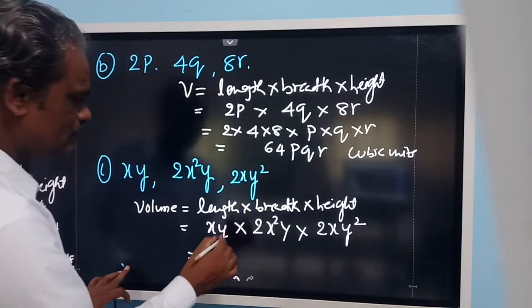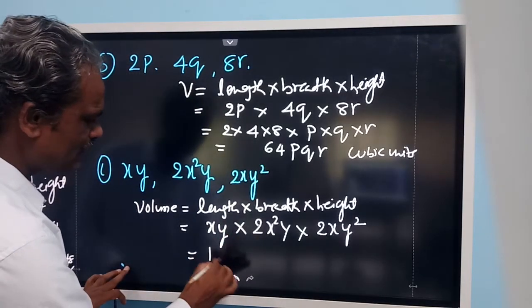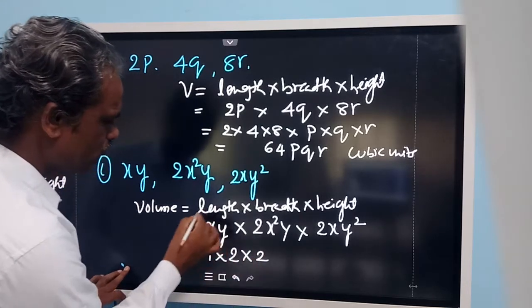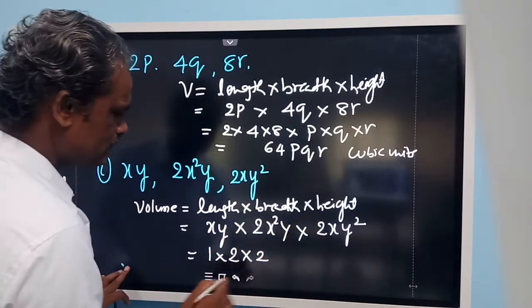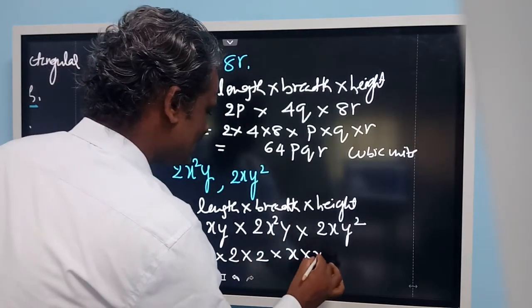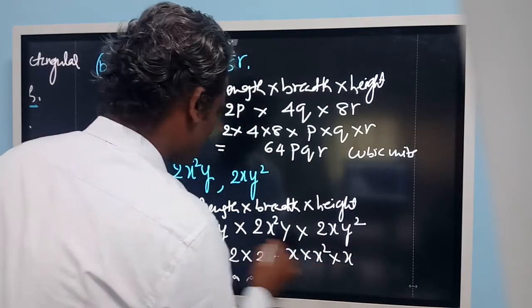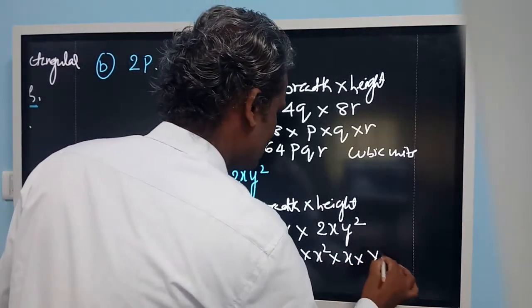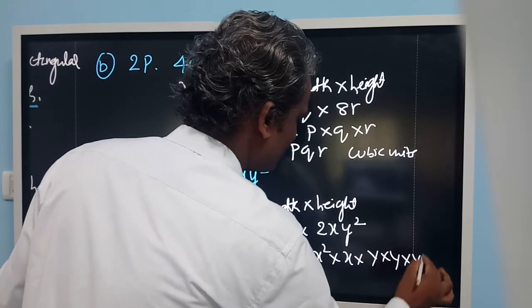As I said, multiply the coefficient first. 1, if nothing is there, 1 is there. 1 into 2 into 2. Then x into x square into x. Then come to this y. Y into y square.